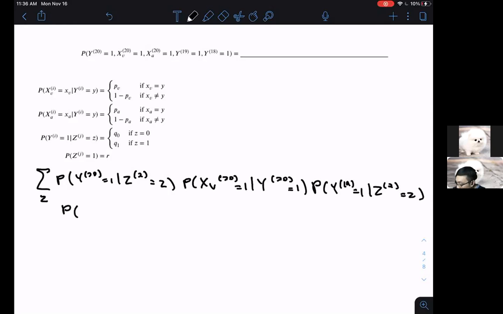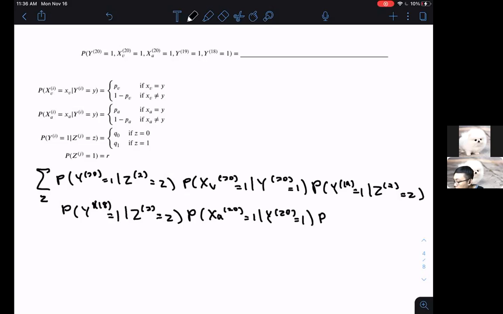The probability of y18 equal to 1, given z2 equal to z. The probability of xa20 equal to 1, given y20 equal to 1. And lastly, the probability of z2 equal to z.